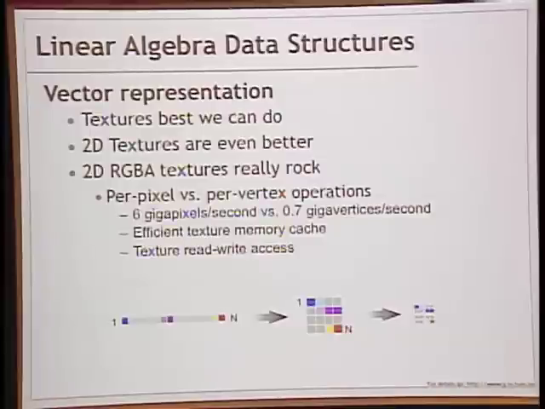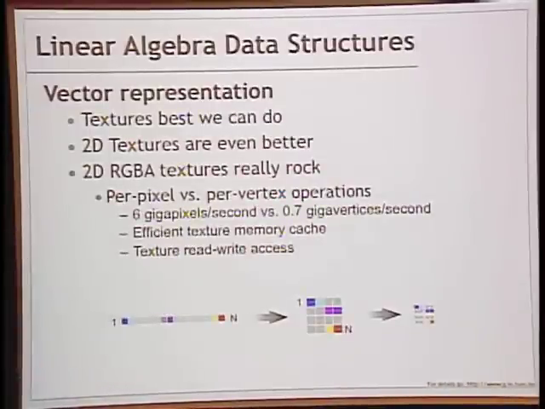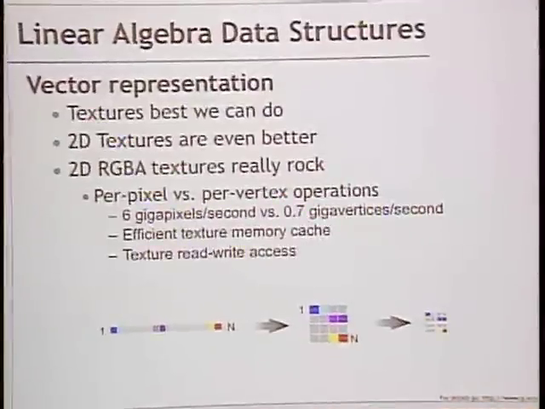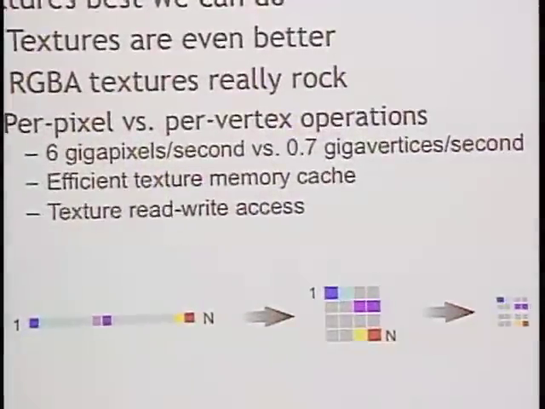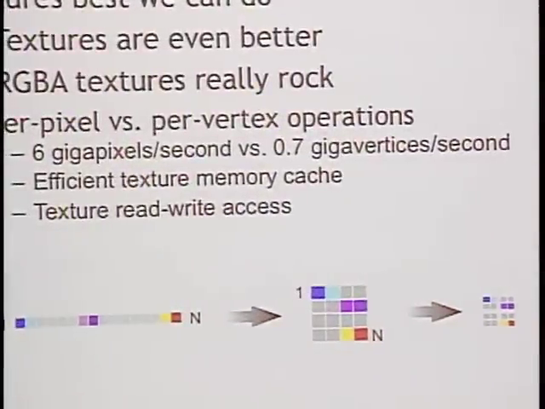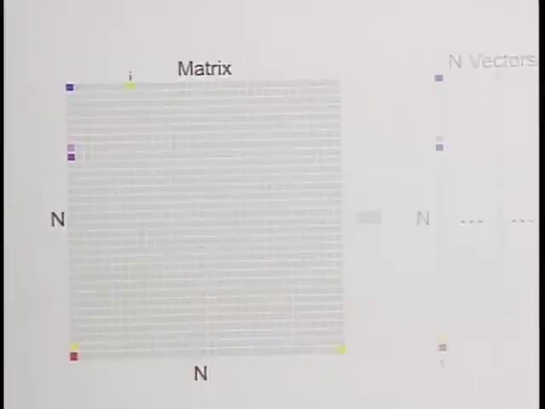They show how you take one-dimensional arrays and pack them into two-dimensional texture maps, and how he actually ended up representing matrices on GPUs.